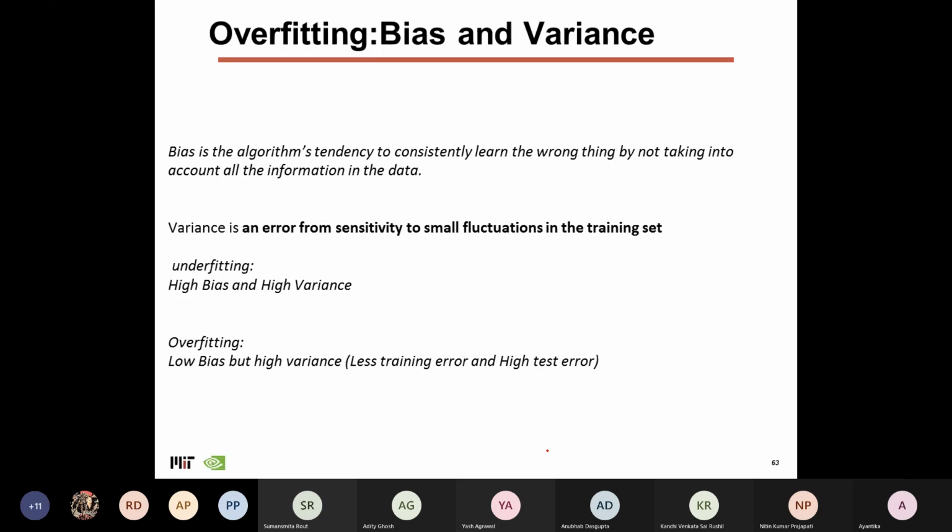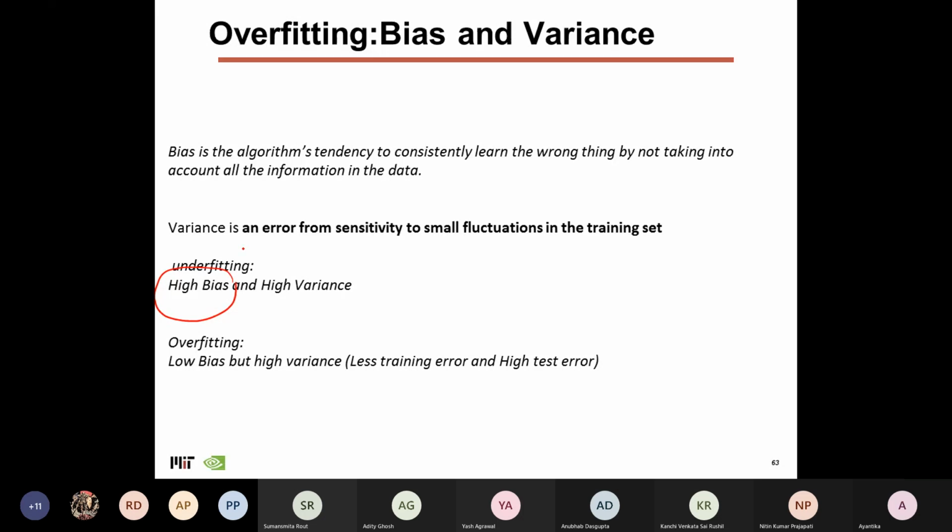Now in some scenarios, it may happen that whatever training is done has not considered proper features, it has not considered all the features, and somehow this training error is also high. That means you can map this bias with this training error, and at that time you have high training error, or you can say that is high bias.